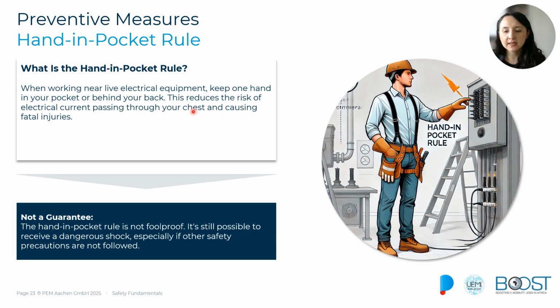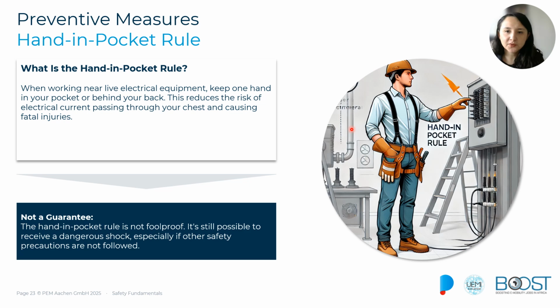It basically says that when we keep one of our hands in our pocket or maybe behind our back while working near or close to electrical equipment, having the hand in that location will reduce the risk of creating a path for the current to flow through our chest and finally to vital organs, for instance, our heart.